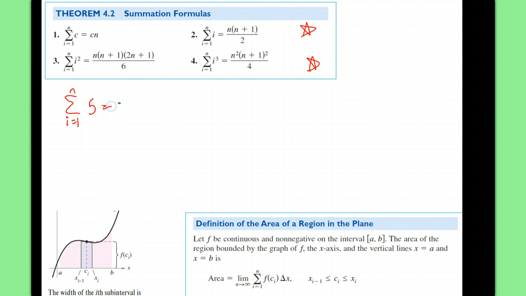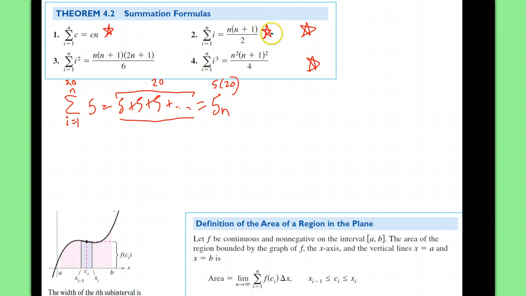Well, if I were to add those up, 5 plus 5 plus 5 plus 5, n times, that'd be the same thing as saying 5 times n. If my n here was 20, how many 5s do I have? I have 20 5s. And how would I do that quickly? I do 5 times 20. And so these are shortcuts to help us find the summation quicker.